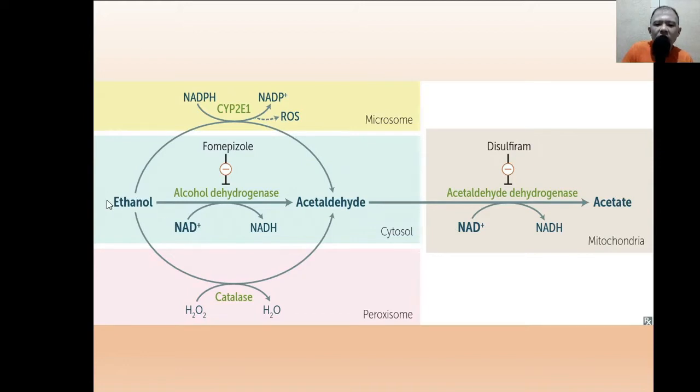Since the direction of ethanol metabolism is towards the formation of acetaldehyde, NAD is needed in the formation of acetaldehyde. It becomes depleted, and since it's depleted, the preferred metabolism is lipid synthesis. You can read on that.